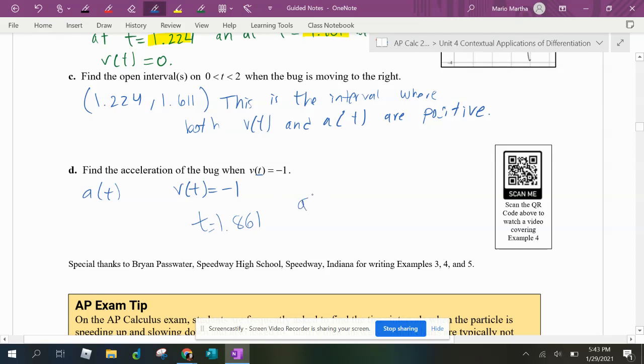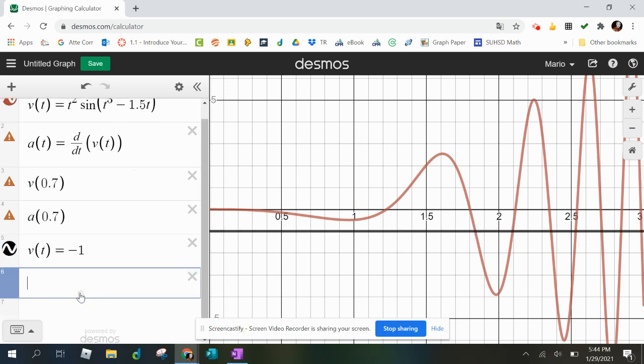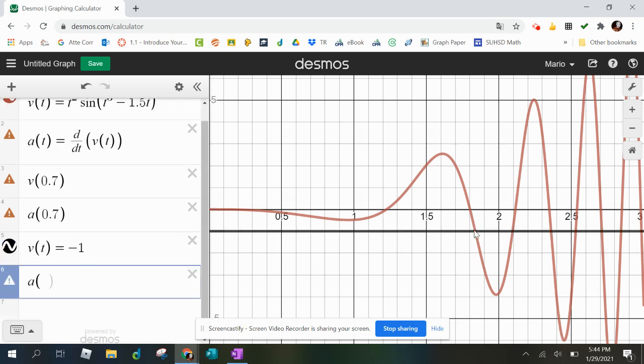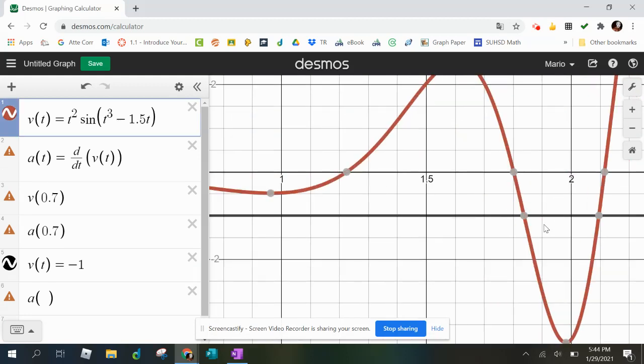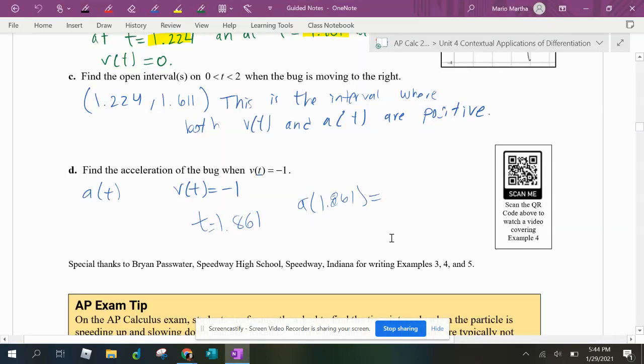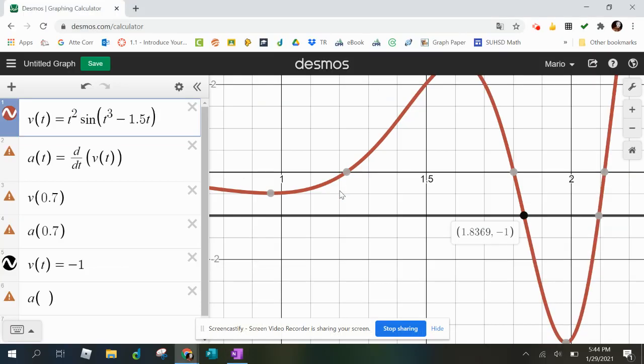All right. And then we're looking for a of 1.861. We're looking to see what's happening precisely at that point. So let's go back to this. So a of, and then it was the point here. 1.369. I'll correct it right now. 1.36.